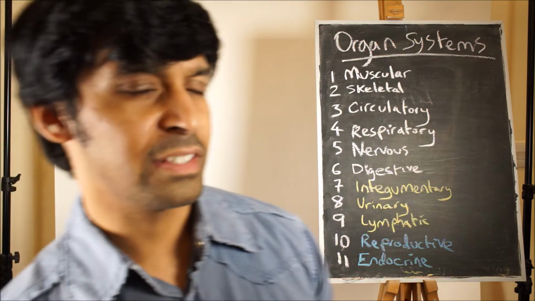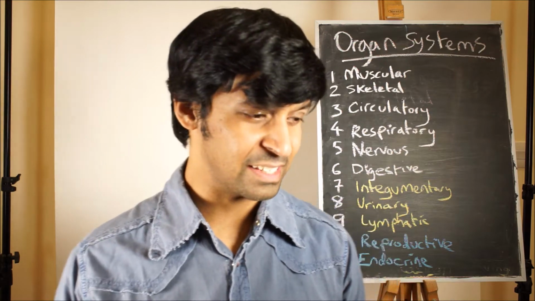Then we've got the nervous system. Now, in case you don't know, the nervous system is basically your brain, your spinal cord, and all of the nerves that flow down your hands, down to your feet, and everywhere in between. It allows us to sense things. So the way it maintains homeostasis is, for example, if I put my hand on something hot, it detects that heat, and it allows the muscular system to move it away.